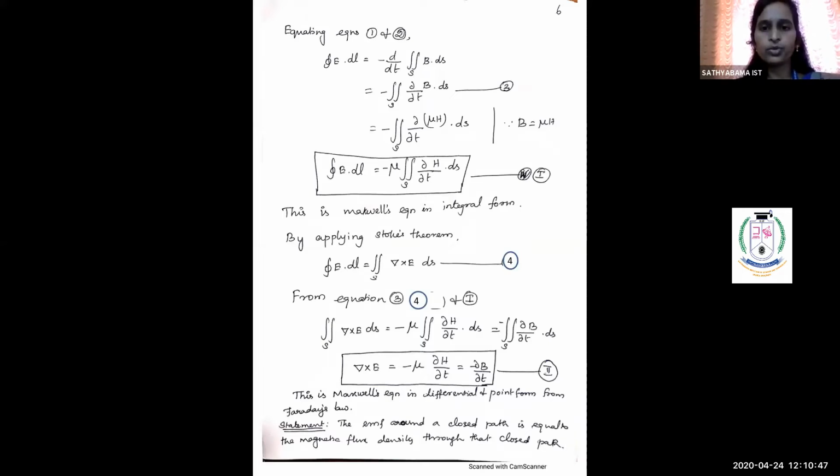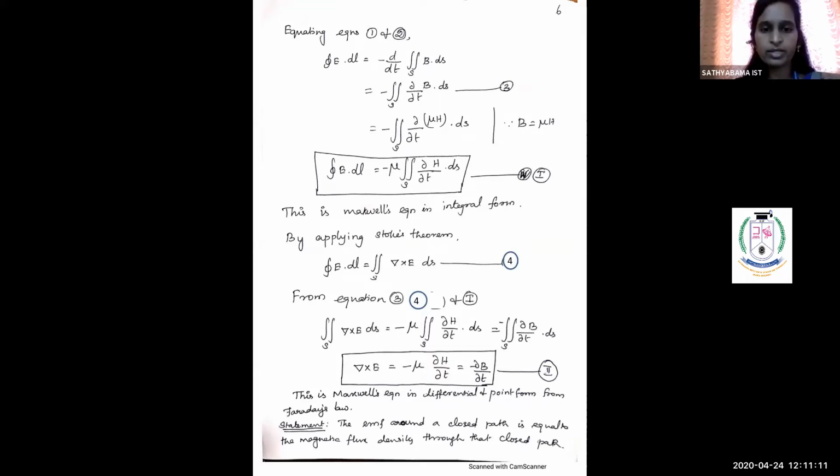Now what you're going to do, you're going to equate your equation number 3, 4 and our Roman numeral equation number 1. When you equate these equations, in all the equations we have the left hand side as line integral E dot dl. So we can equate it.